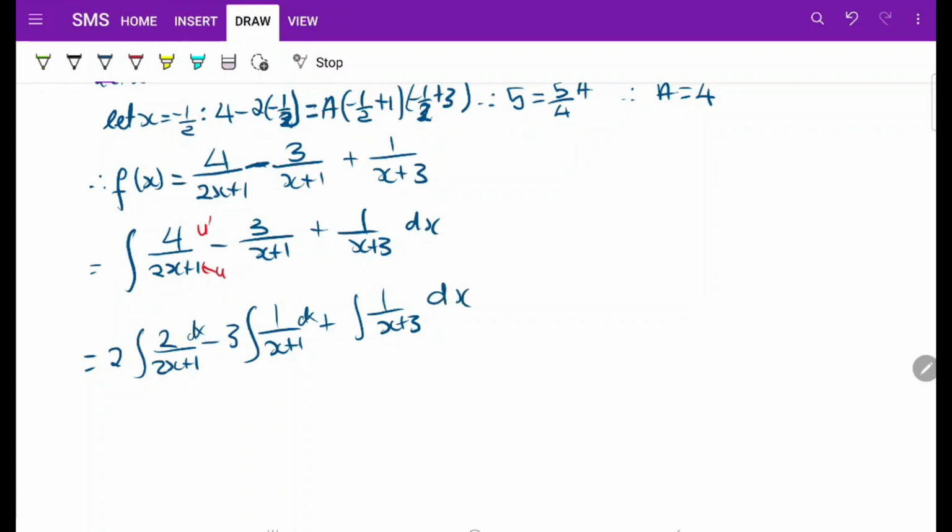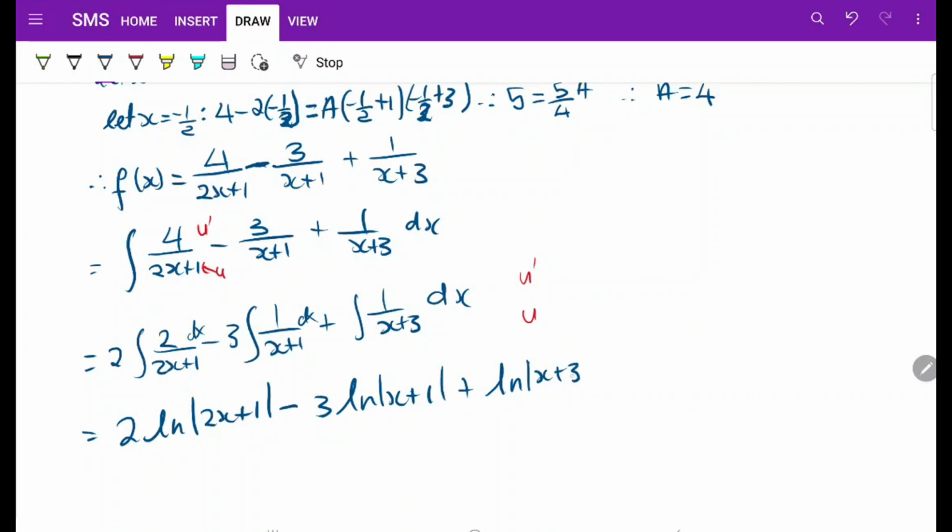Once we've done this, this becomes quite easy to integrate using that special technique we learned about, having the numerator as the derivative of the denominator. So therefore this becomes 2 times the ln of the denominator, 2x plus 1, plus minus 3 times the ln of x plus 1, and lastly plus the ln of x plus 3, plus our constant of integration.